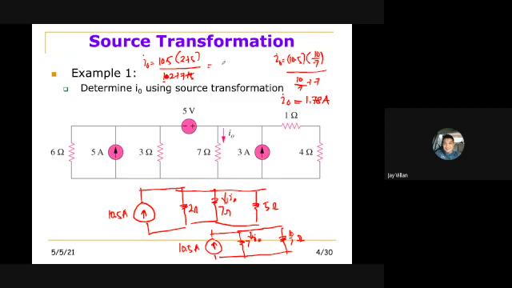Current division is only applicable to two resistors connected in parallel. If you multiply the two on top, the value becomes bigger. So, not 1.78.